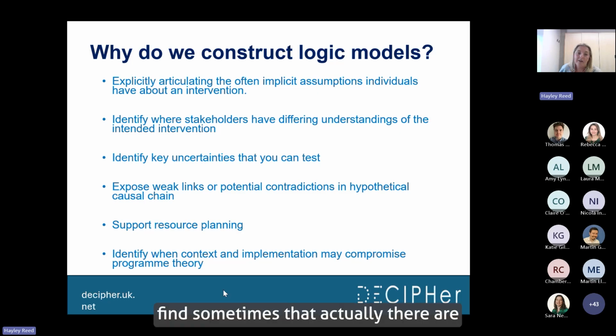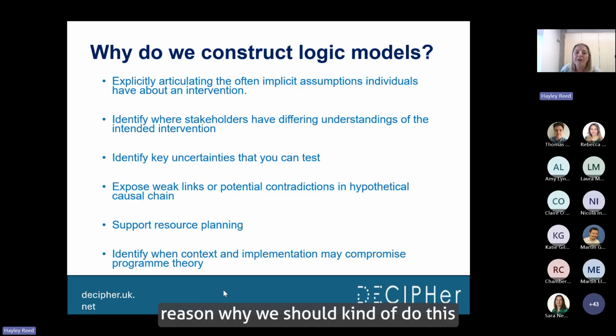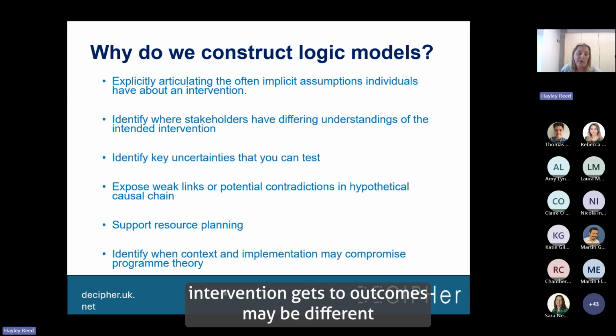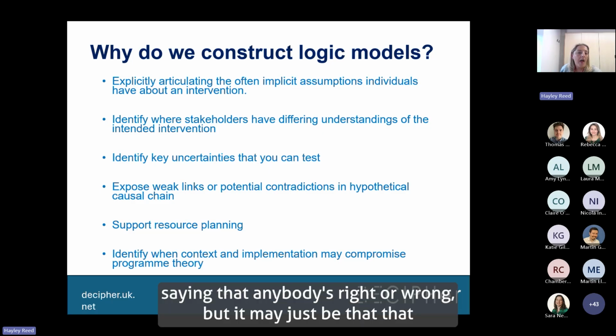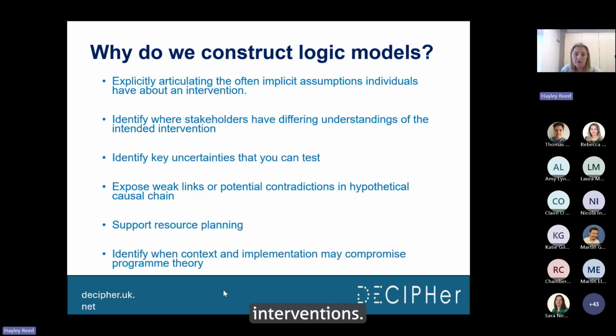We do find sometimes that there are different understandings of an intervention. So this is another reason why we should do this, because what one person thinks about how this intervention gets to outcomes may be different to what another person thinks. It's not saying that anybody's right or wrong, but it may show us some of the key uncertainties, and we can test those when we evaluate interventions.